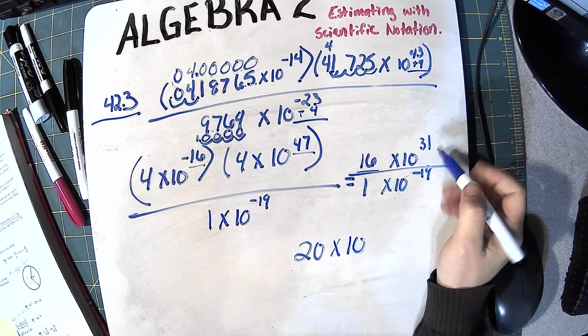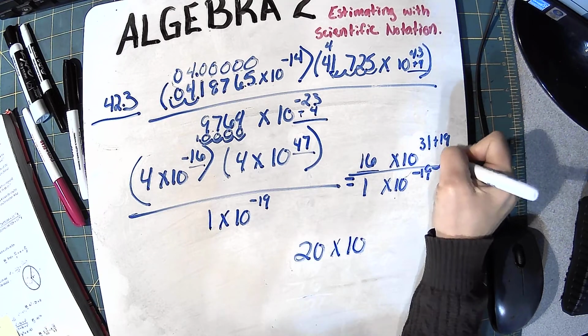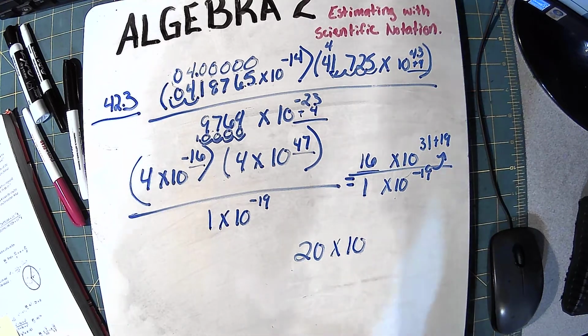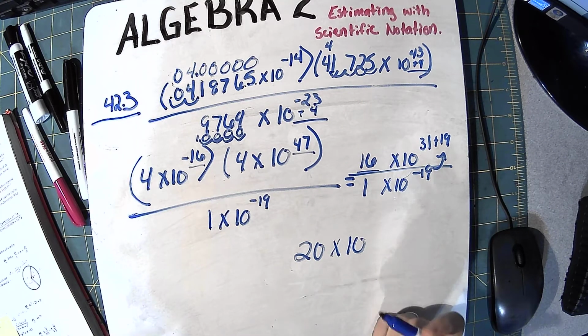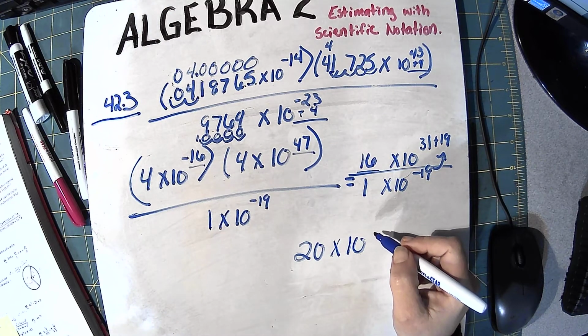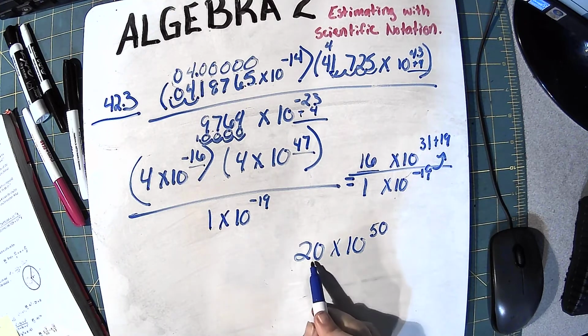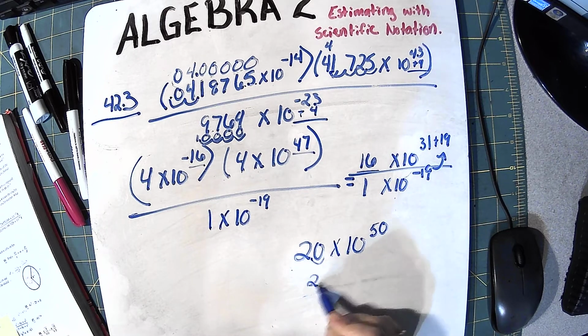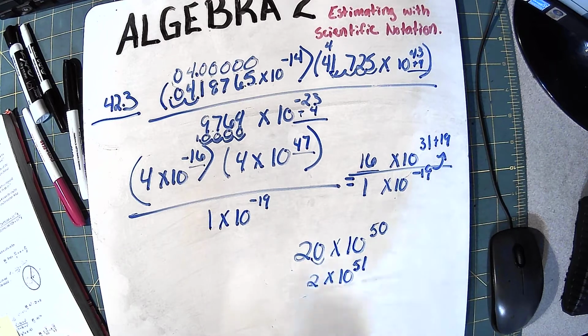Now, we're going to move this to the top, so that will be plus 19. We move it up, we change the sign. And that is going to be 50. Okay, now we're still not done because we got to get our decimal here. So we're going to move our decimal back one more. We're going to have 2 times 10 to the 51. And that's the answer to that one.